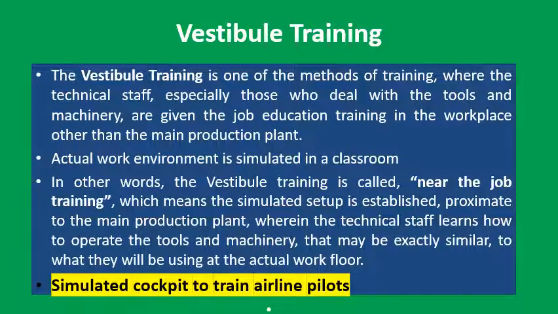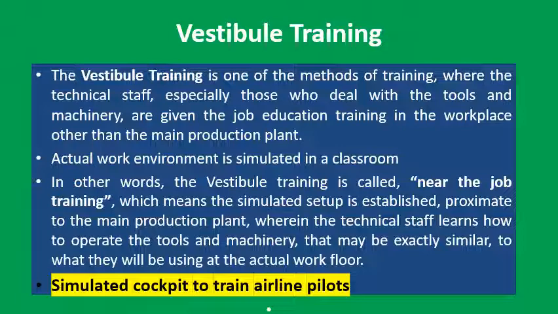Another one is vestibule training. Vestibule training is itself considered a separate form of training. However, it is very close to the off the job training method. It is also a kind of near the job training. In vestibule training, actual work conditions are simulated in a classroom. Materials, files, and equipment used in the actual work environment can also be used in this training.